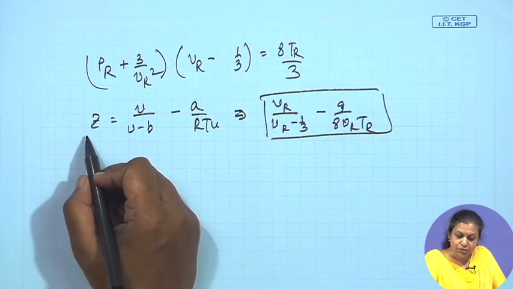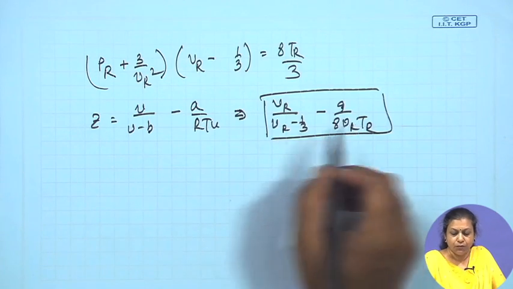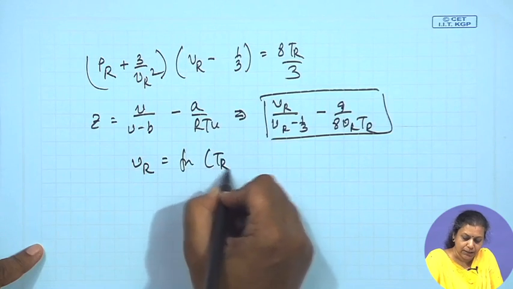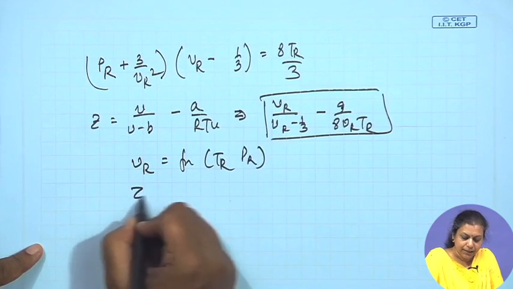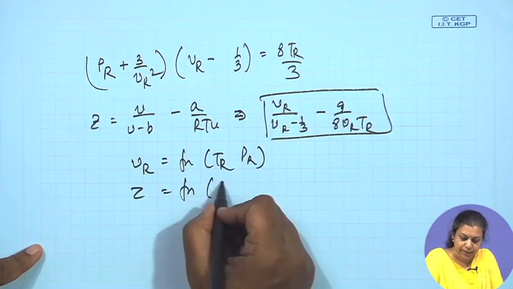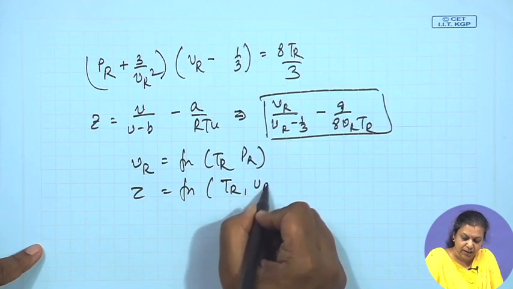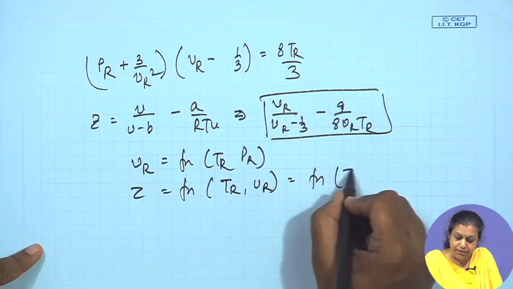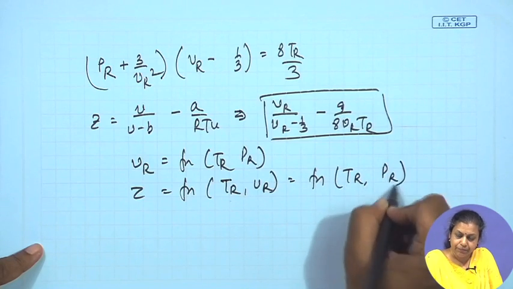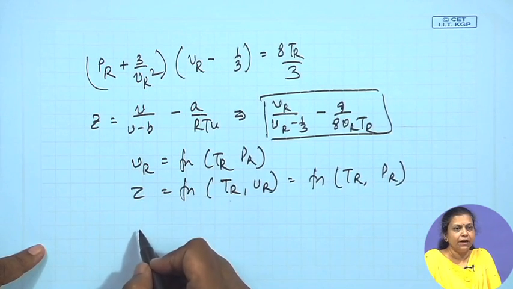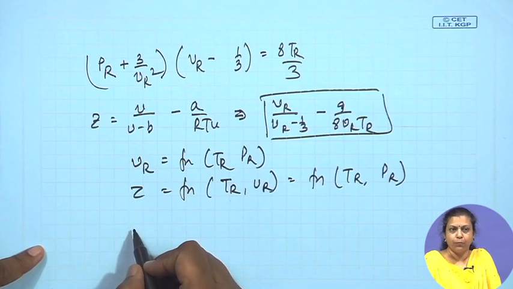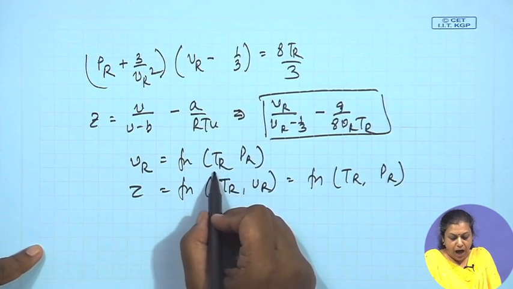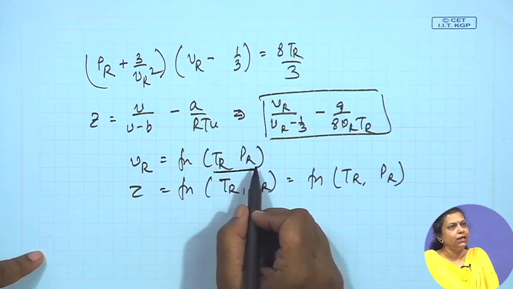VR is a function of TR and PR. Z apparently appears to be a function of TR and VR. Since VR is a function of TR and PR, Z is also a function of TR and PR. So if we start substituting different properties, which we will be doing later, we find that all of them are unique functions of TR and PR.